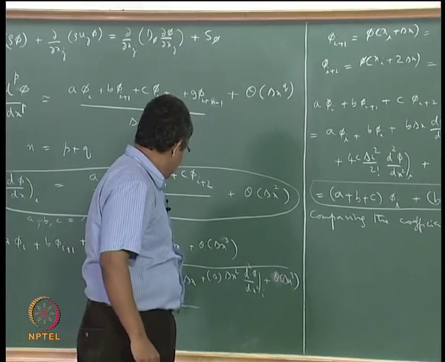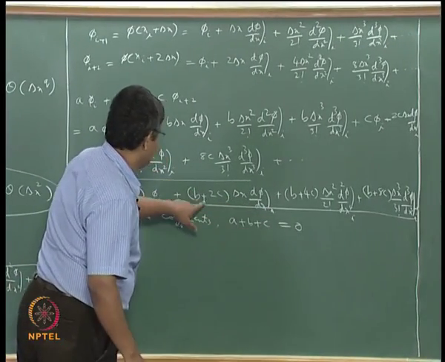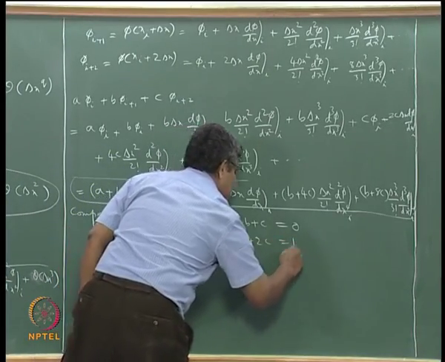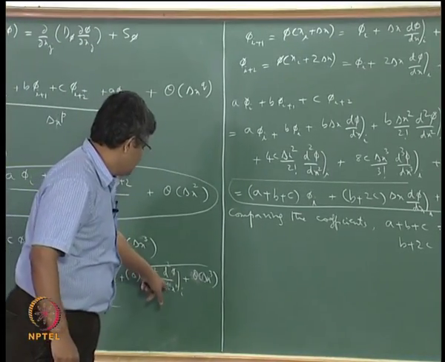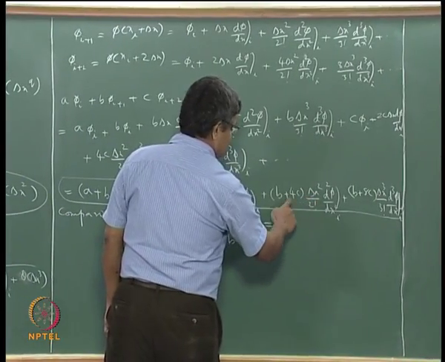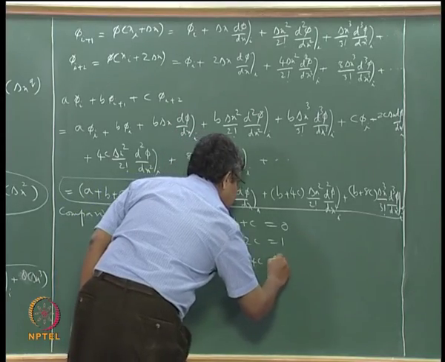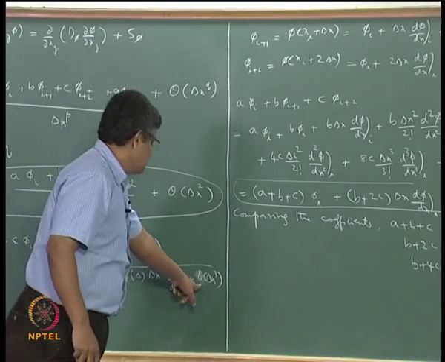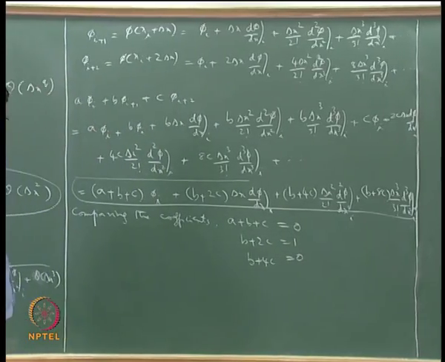We have d phi by dx times delta x at I, so b plus 2c is equal to 1. And 0 times delta x square times d square phi by dx square, so we have b plus 4c is equal to 0, and we will have terms of b plus 8c which is non-zero, essentially what we are saying.